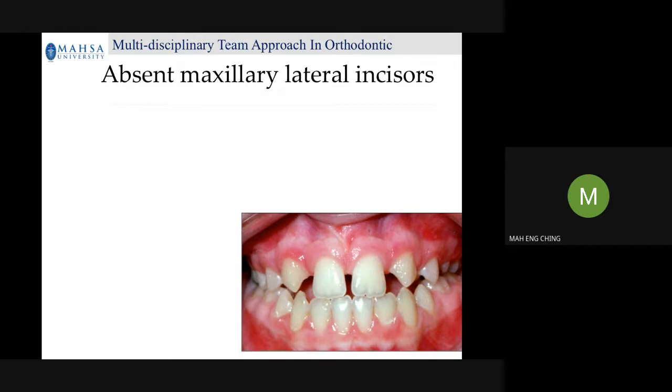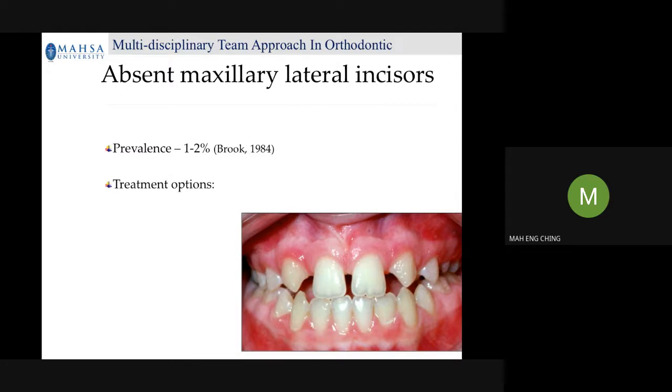But the third molar is not included in our treatment plan, so we're not going to talk about it. Then we usually have to deal with the missing lateral incisor and the missing premolar most of the time. So today I'm just going to talk about missing lateral incisor, how we're going to deal with that before we consider restorations. So we know there's about 1 to 2% in the population.